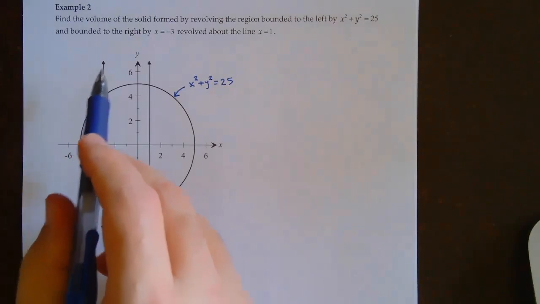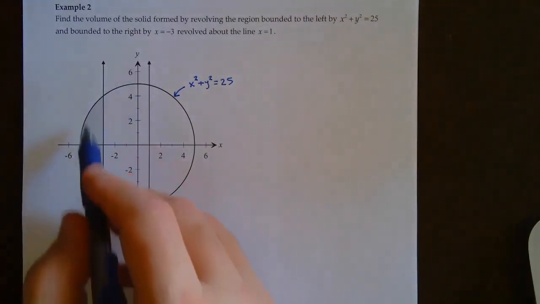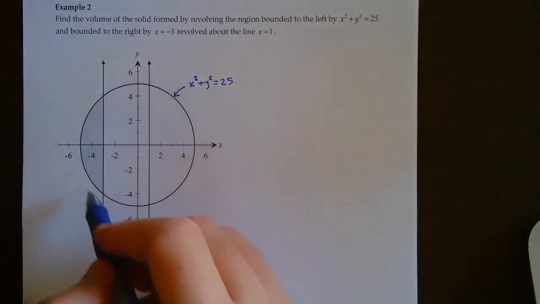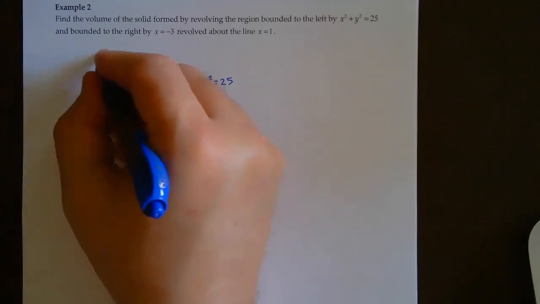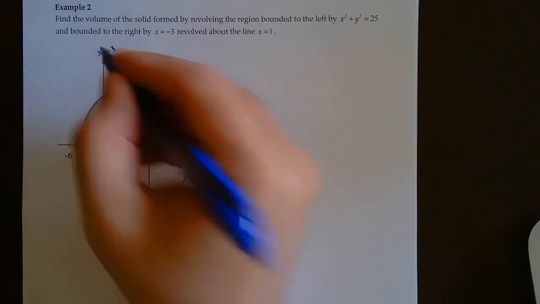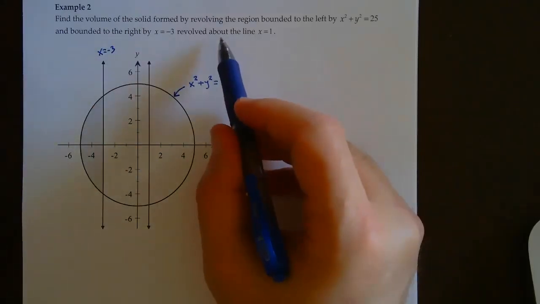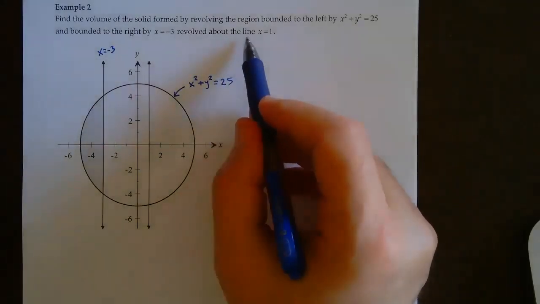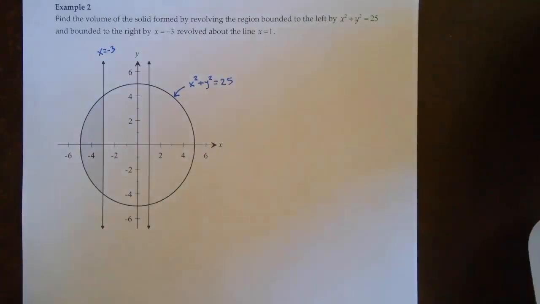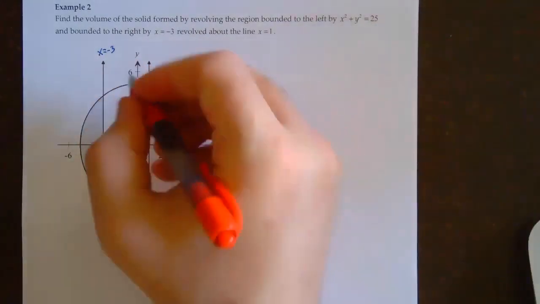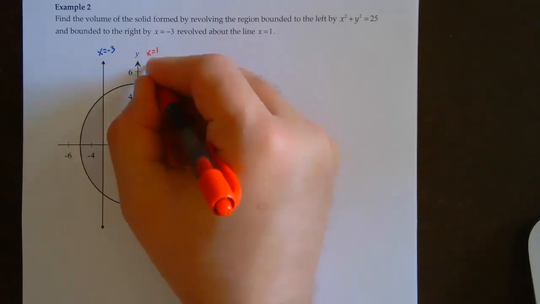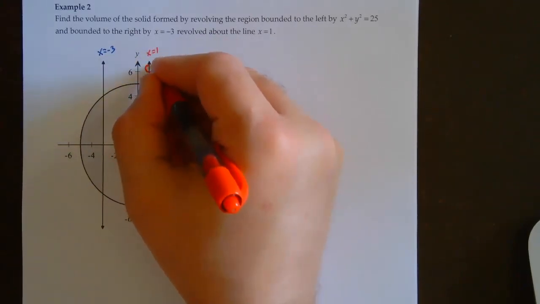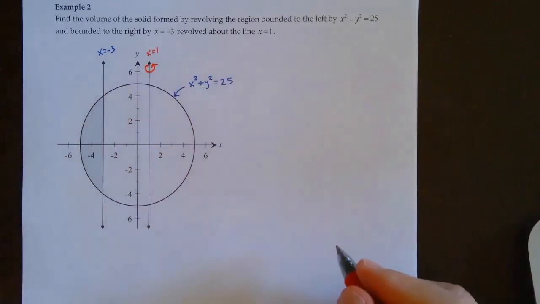And bounded to the right, so this shaded region right here, bounded on the right by x equals -3, so this is x equals -3, okay? And then we want to revolve it about the line x equals 1. Okay, so this is x equals 1, and we want to rotate or revolve it about that one, right?